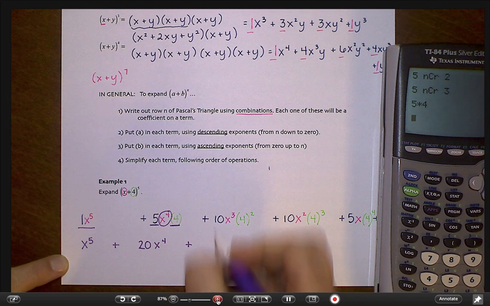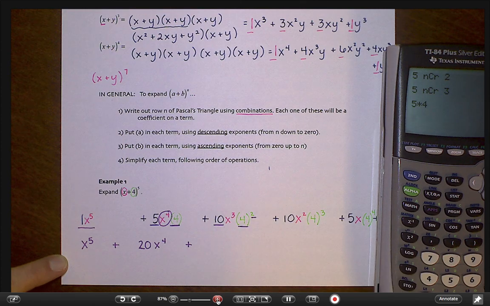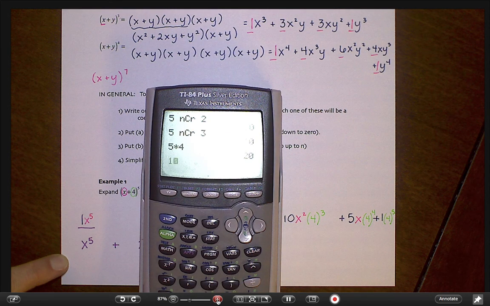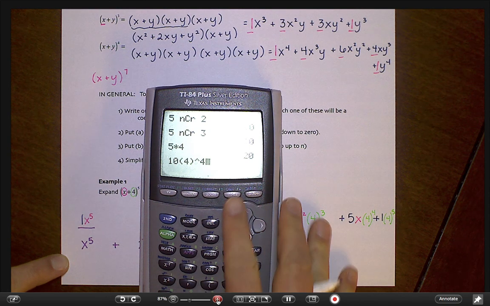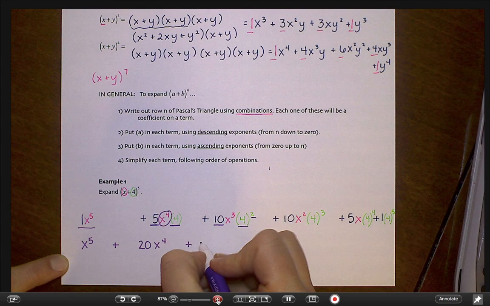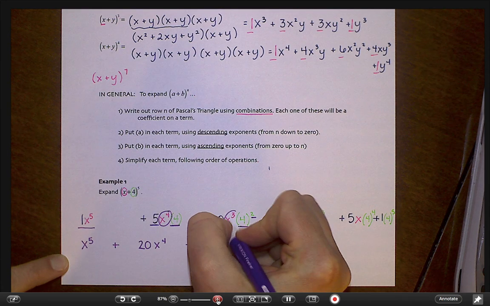For this next one, I'm doing 10 times 4 to the power of 2. Okay, so 10 times 4 to the power of 2. And that's 160. And then I have my x to the 3rd.